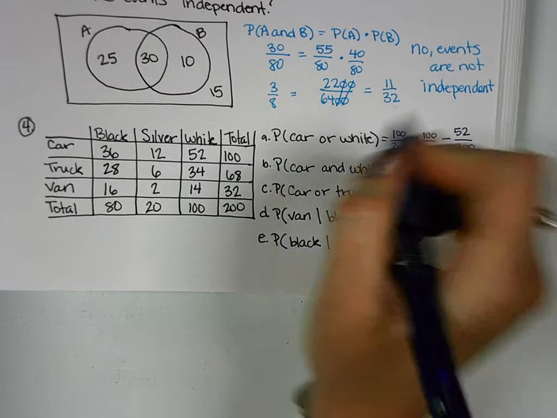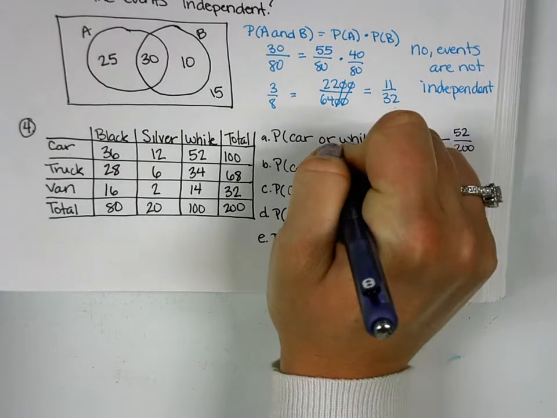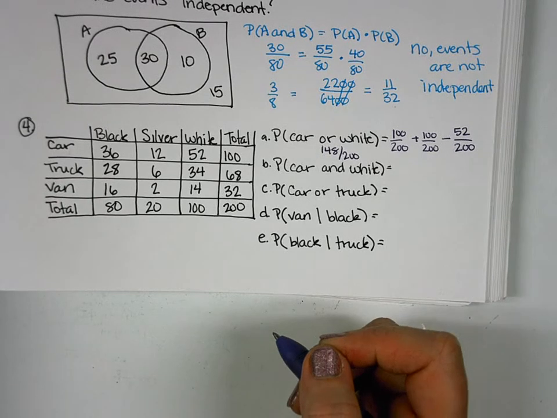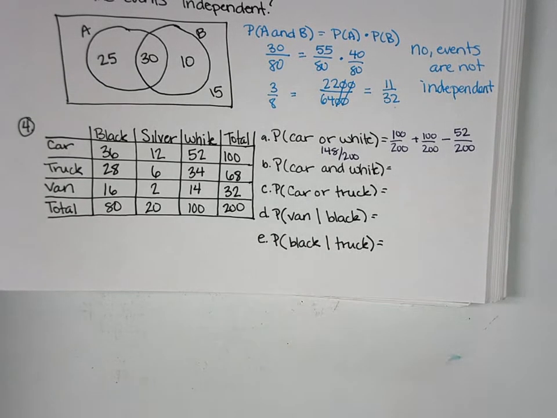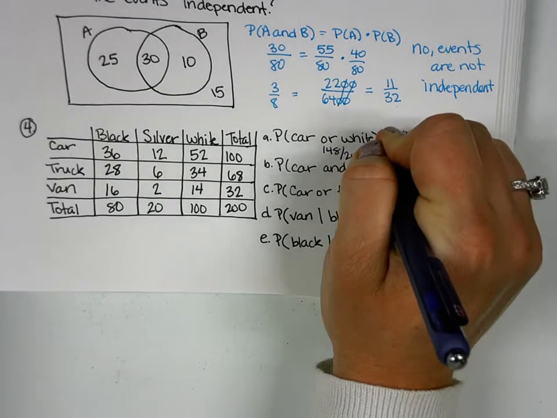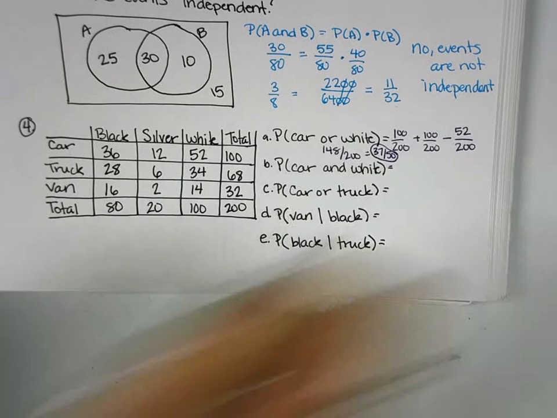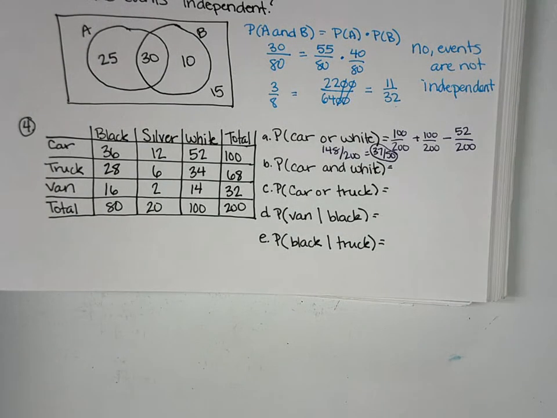148 out of 200, which you can reduce to 37 over 50. Sorry, I did not leave myself enough room for this. So when you have a row and a column and they cross, you have to remember to go with your rules and make sure you subtract out that overlap.